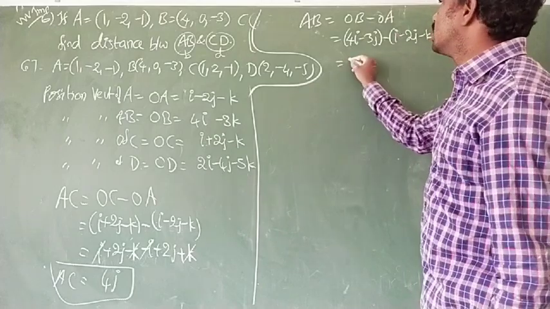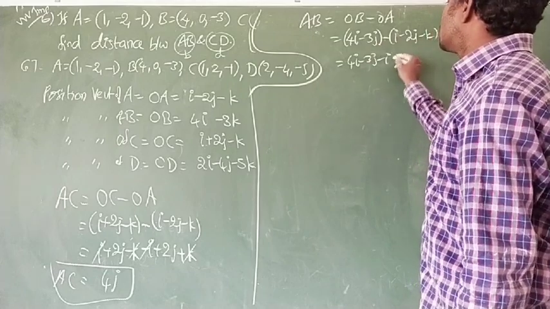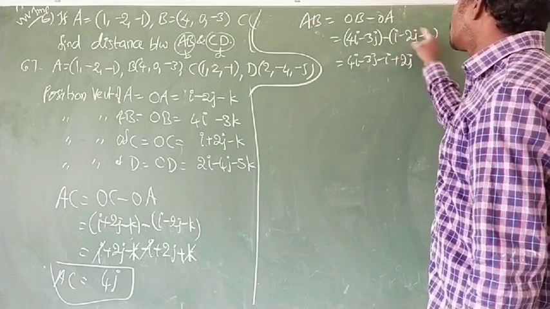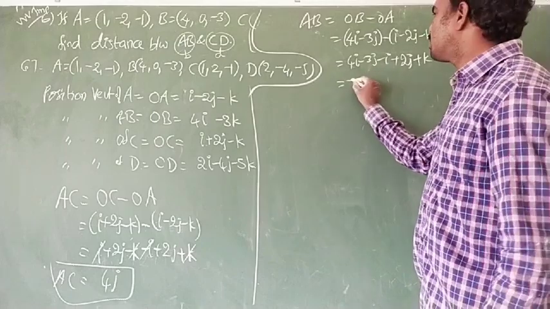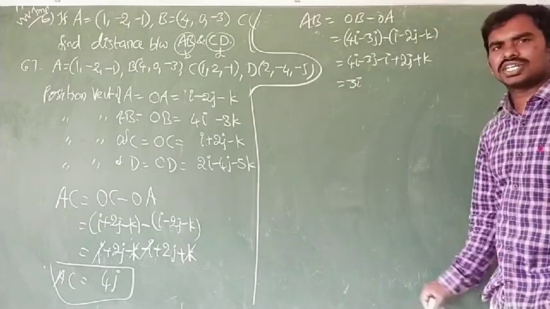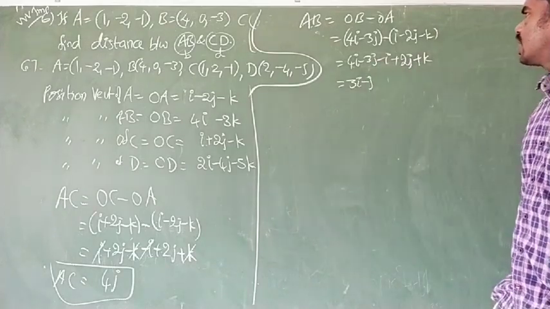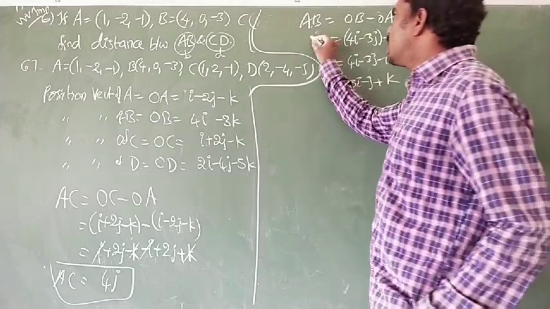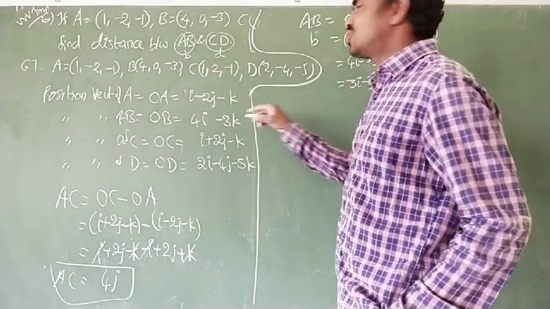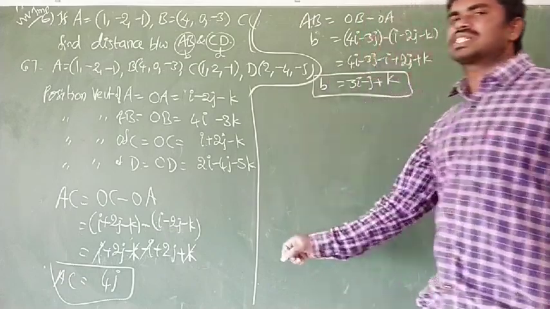So it is 4i minus 3k minus i plus 2j plus k. 4i minus i becomes 3i. j terms, only plus 2j. k terms, minus 3k plus k becomes minus 2k. So this is AB. AB is taken as small b, as I told you.